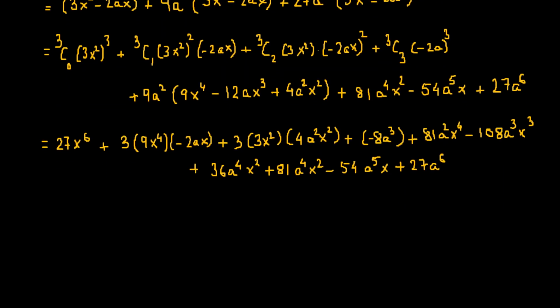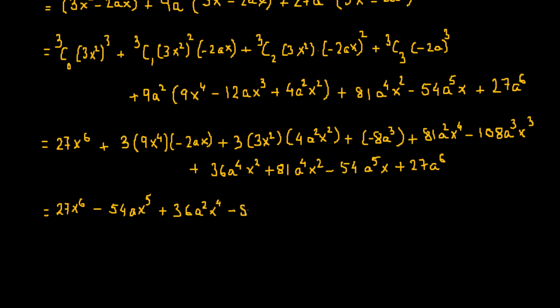Okay, so we're done. And finally we're going to add, there's one more thing that we need to do. So this is 27 x to the power of 6, negative 9 times 3 is 27, this is 54, so this is 54 a x to the power of 5, plus 3 times 9 times 4 is 36, 36 a squared x to the power of 4.